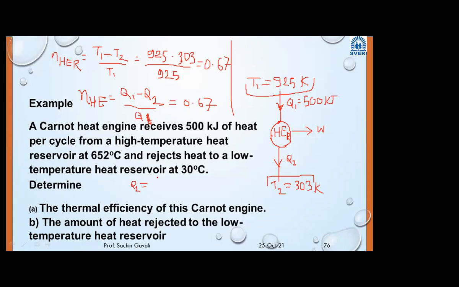Mention your answer in the chat box, and then write down the numerical and solution also. I'll give 2 minutes. Someone got the answer, 164.